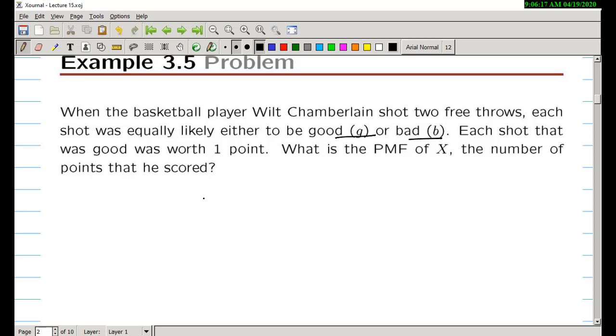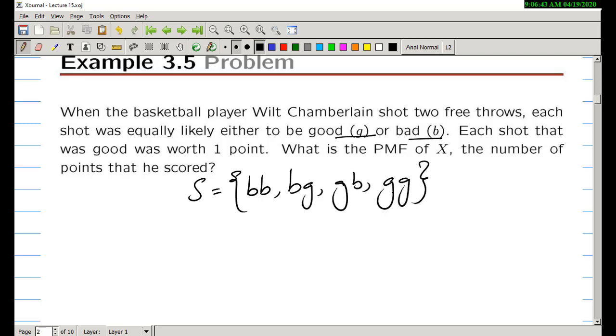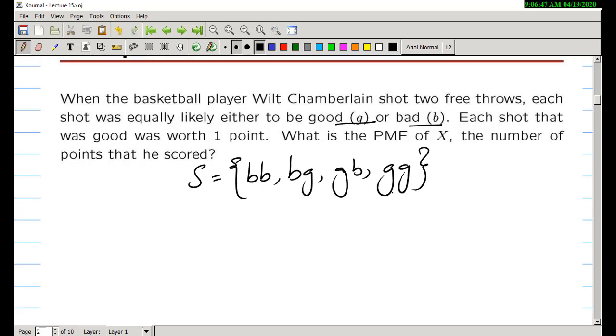So the first thing that we have to look for is the number of outcomes that will constitute our sample space. These 2 throws could be both bad, bad and good, good and bad, or both good.